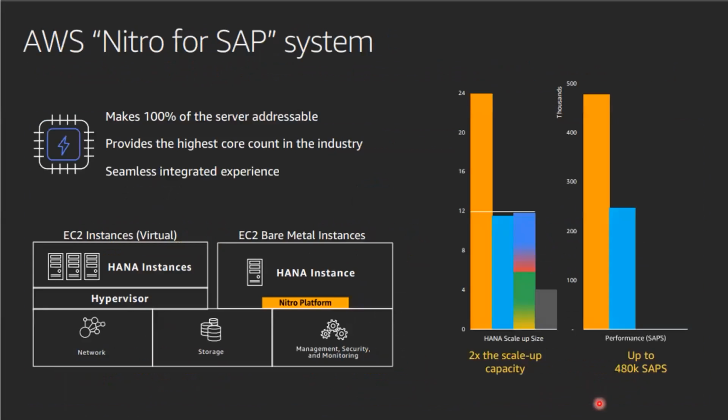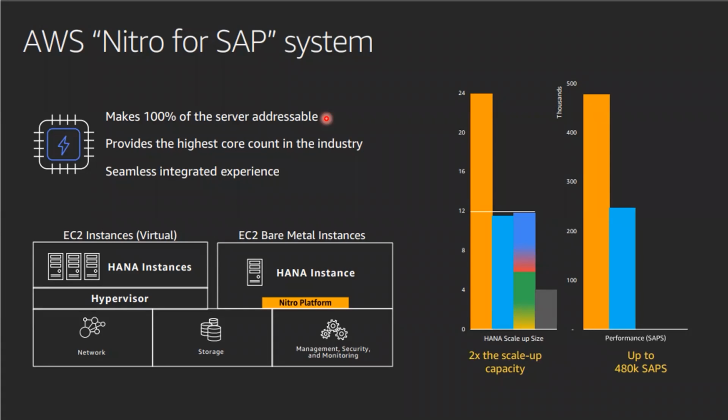Right. Let's talk about AWS Nitro System for SAP systems. Nitro Systems, as I mentioned earlier, allows you to make full utilization of your underlying hardware, which gives you a performance boost. It provides the highest core count in the industry, and seamless integration experience is also possible for the SAP workload.